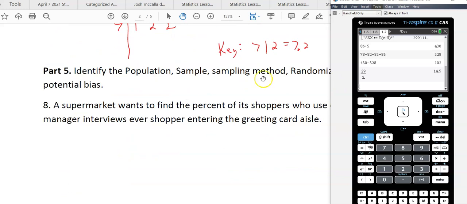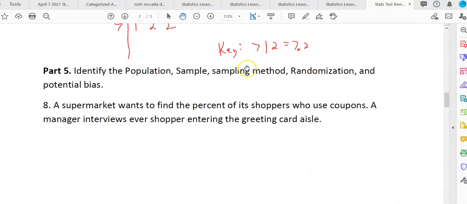And a bunch of stuff to identify here. So I need the calculator. So the population for this one would be all of this particular supermarket's shoppers.